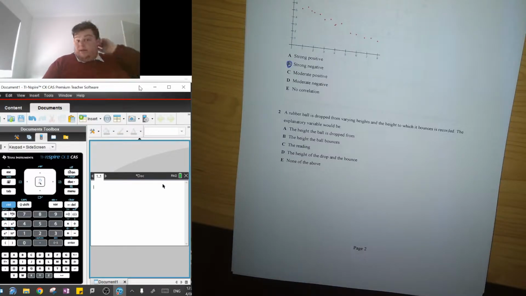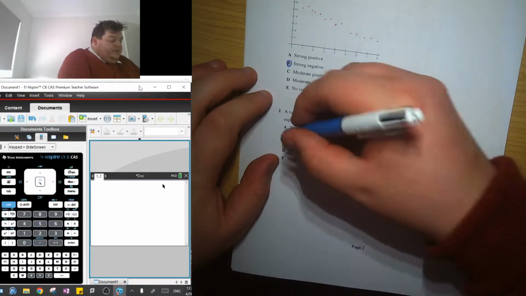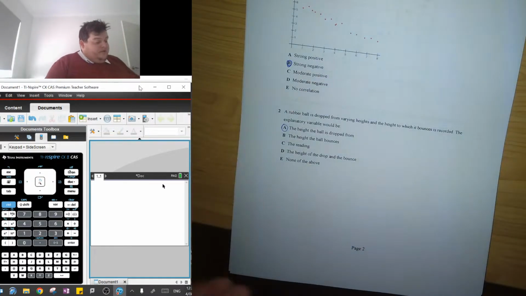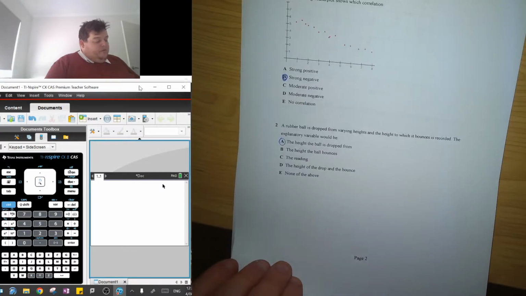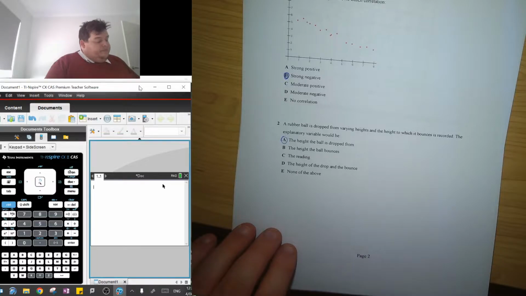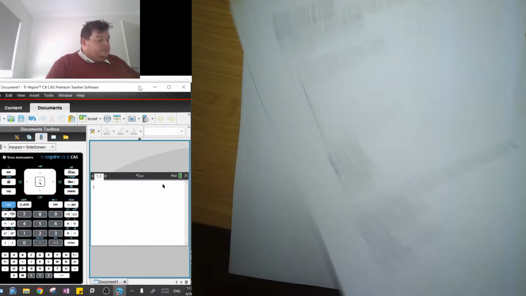One of those makes more sense than the other. The height that the ball is dropped from explains the response in how high it bounces up. So the height the ball is dropped from is the explanatory variable, and the height of the bounce is the response.